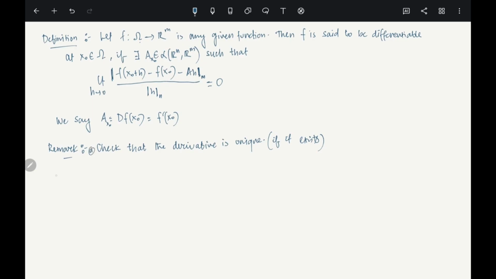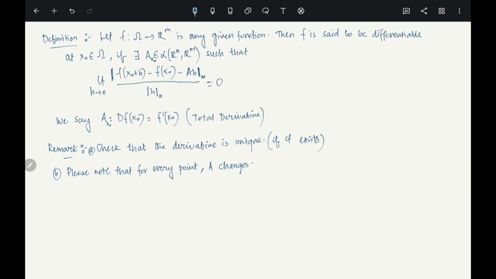Please note that for every point A changes, so you do realize what I am trying to say, okay? And we say this is the total derivative. This is called the total derivative of f at the point x naught, clear?